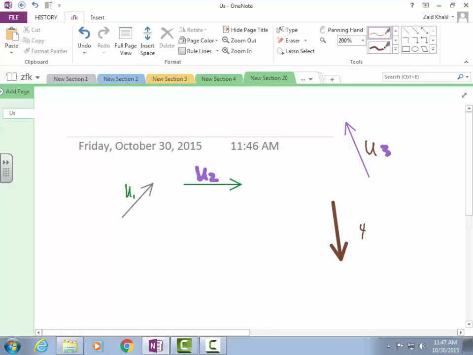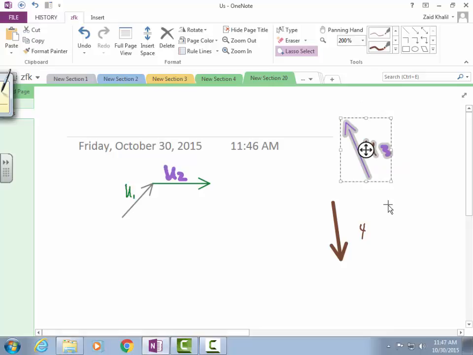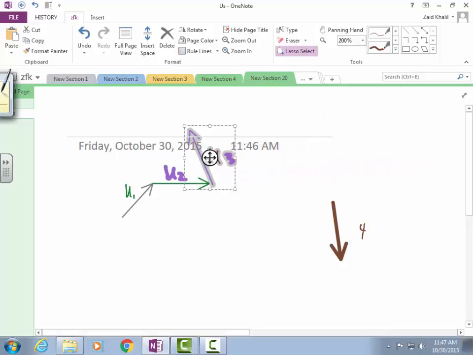So what do you think we should do? Now, do you think we should go and reconstruct it like this? And the answer is, guess what? You don't need to. Because guess what you can do? I could take u2, translate this, and I can take u3 and translate that, and I can take u4 and translate that.